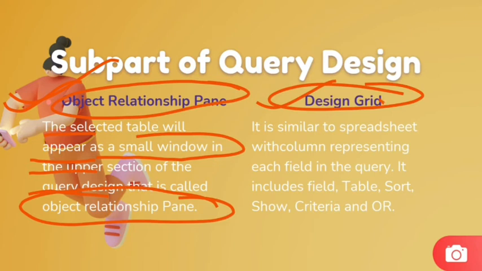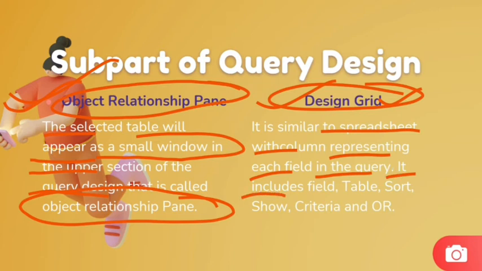And what is the design grid? It is just similar to a spreadsheet without columns, representing each field in the query. Suppose you have a number of fields in a table, all the fields will be displayed in the form of rows.